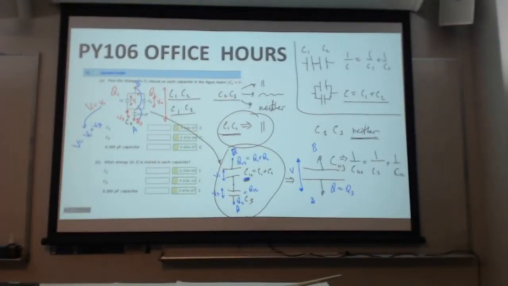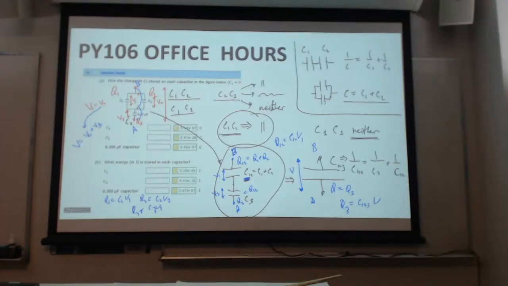You see how many connections you have? Plus, as you just said, you can write Q1 equals C1 V1, Q2 equals C2 V2, Q3 equals C3 V3. Now Q12 equals C12 V1, and Q3 equals C123 V. Did I miss anything?